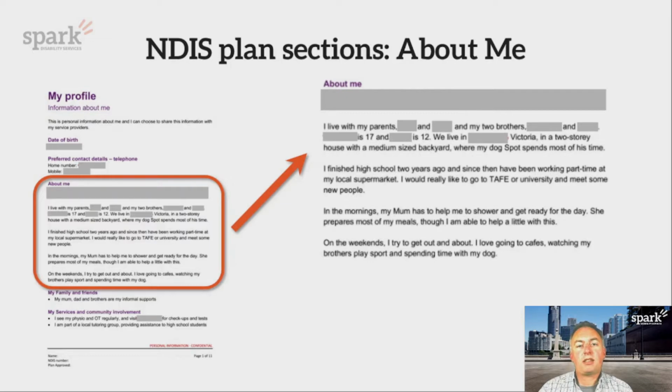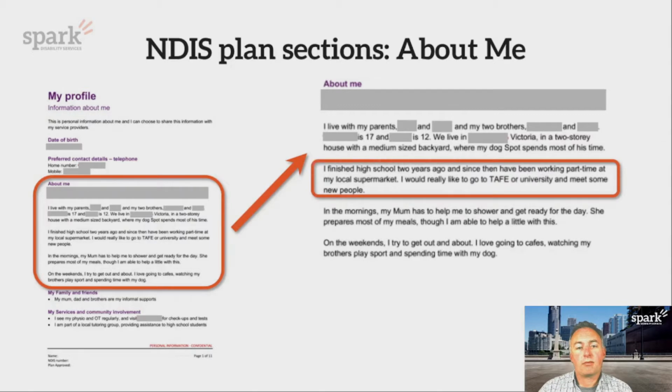The second thing to keep in mind is that the NDIA uses information in this section of your plan when they're considering what non-NDIS supports are available and are around you to provide you with support. To give you a couple of examples from this plan, in this paragraph here, the statement says that the person finished high school 2 years ago and they're now working part-time at their local supermarket.